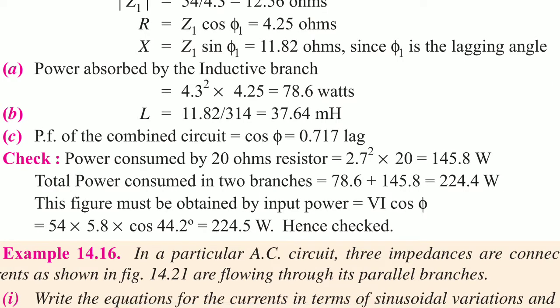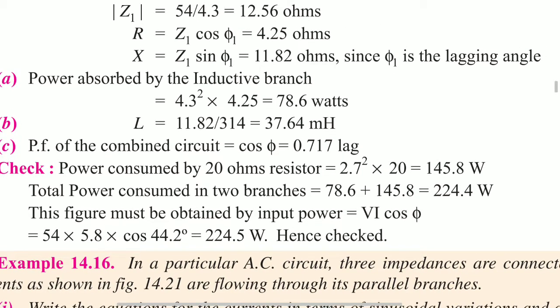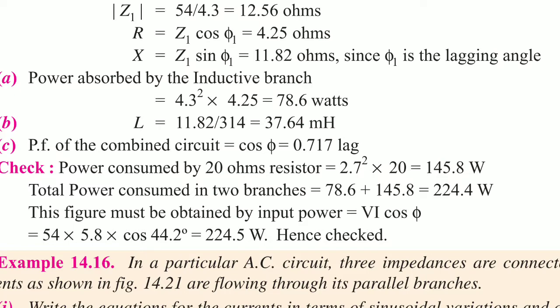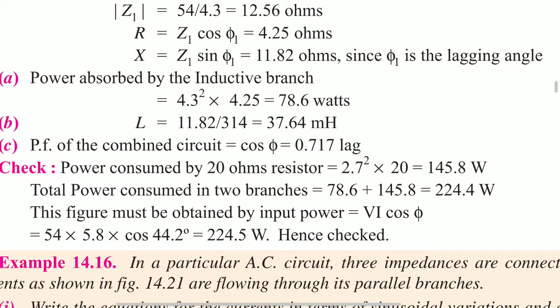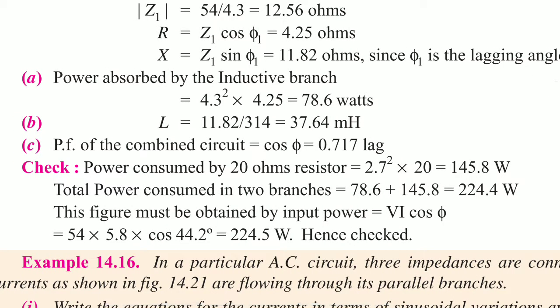Another method to check the power in the circuit: here the power consumed by the 20 ohm resistance is I2 square into R2. So 2.7 square into 20, which is 145.8.